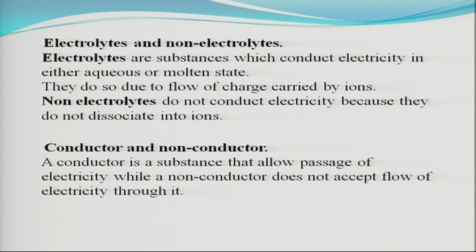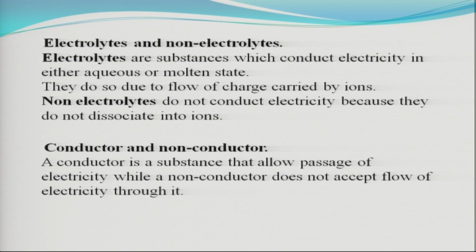Then we can talk about a conductor, because somewhere in our topic we shall be using the word conductor. A conductor is a substance that allows electricity to pass through it, and a non-conductor is a substance which will not allow electricity to go through it.